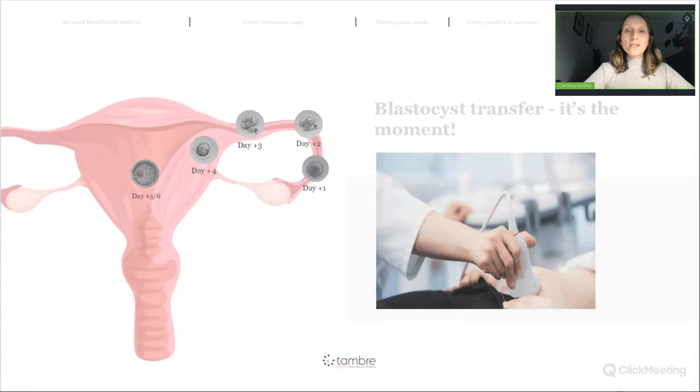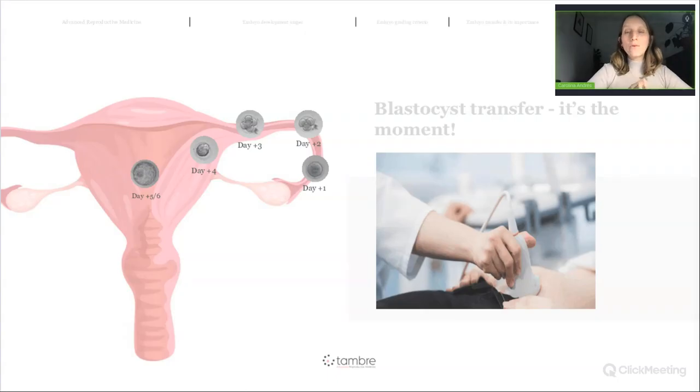So, why would we transfer a blastocyst instead of a day 3 embryo? Well, a few years ago, day 3 transfer was usually performed, and maybe nowadays some laboratories still carry out day 3 transfer. But nowadays, the technology and the culture have greatly advanced, and the embryo culture has been established, as well as the culture medium has been improved.